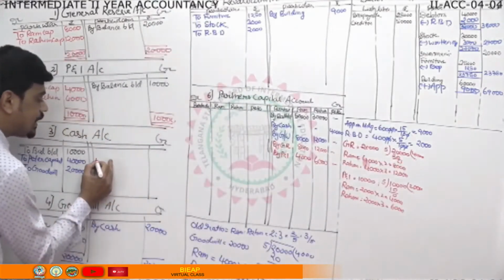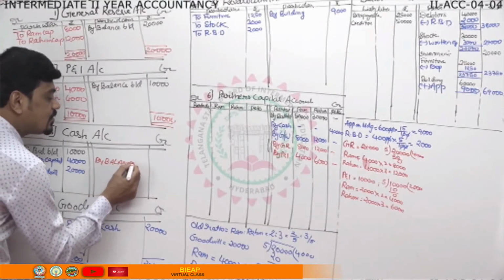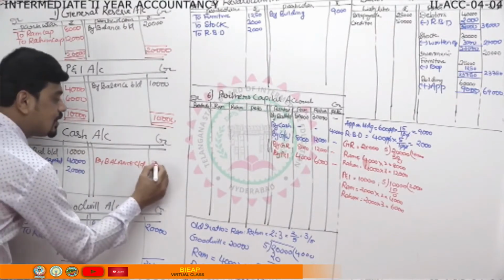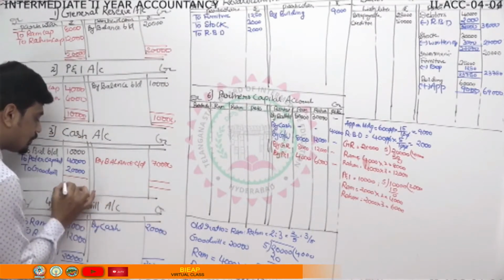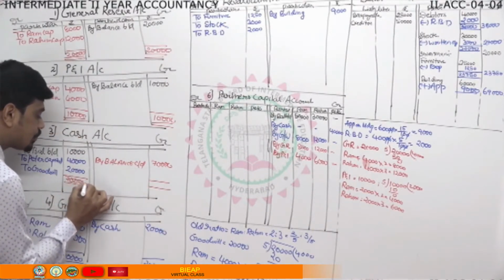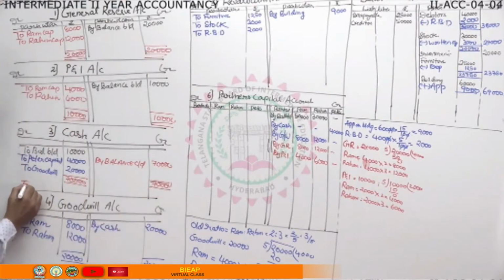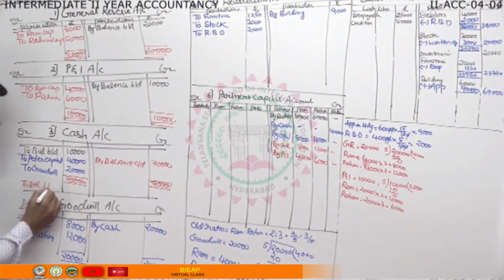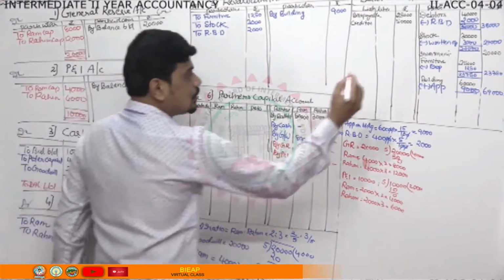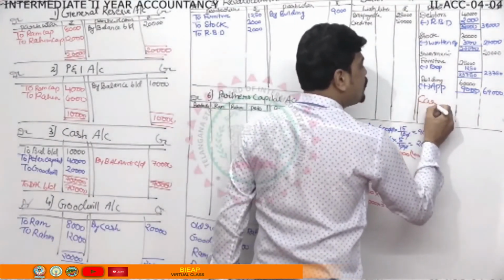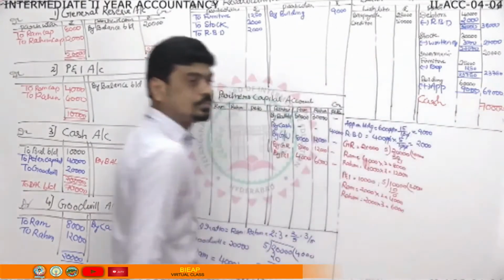So this will be written on the credit side by balance carried down, 70,000. Now let us close cash account with 70,000. And this will be brought down as balance brought down 70,000. This is the new cash. So in the balance sheet we will put cash 70,000.